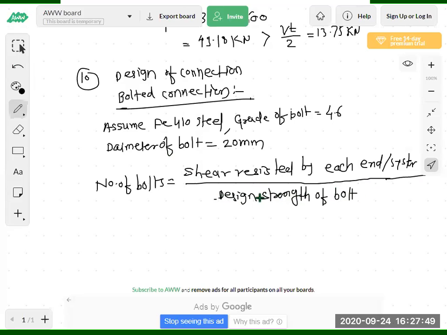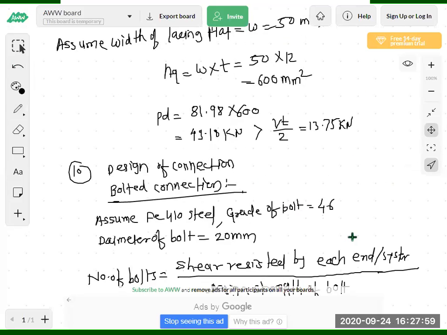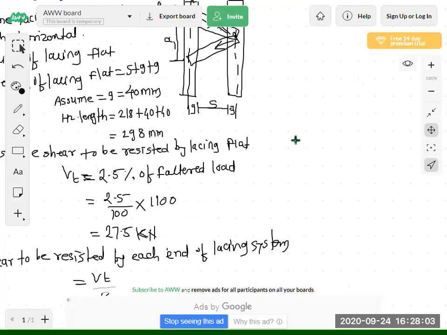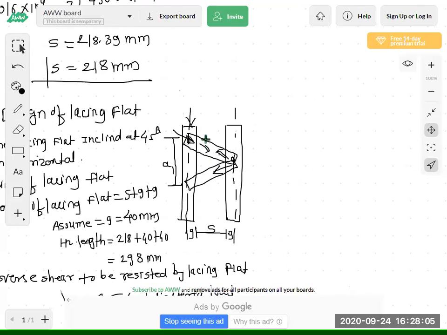So here the formula for number of bolts is shear resisted by each end divided by design strength of bolt. See, this is the flat.